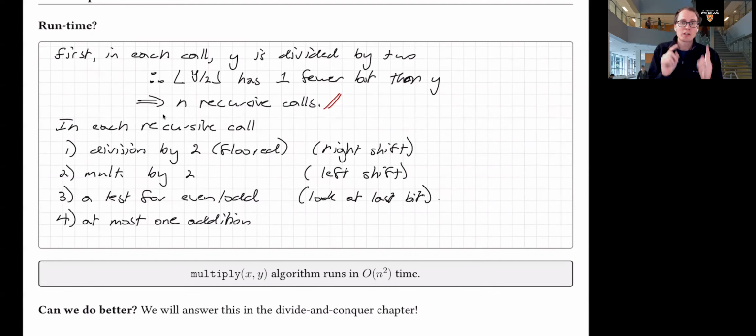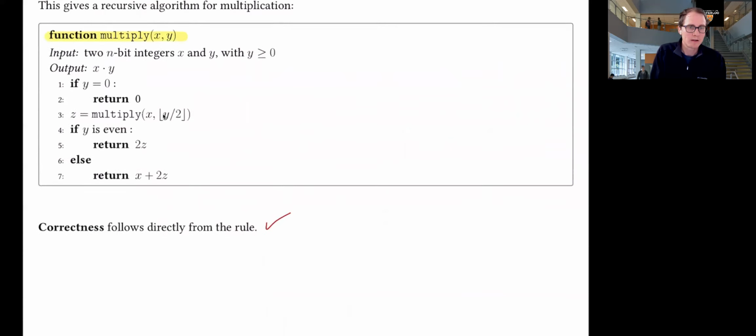Now we know addition, if we have 2 n-bit numbers, is big O of n. And the only question is, how big can the numbers that we're adding be? Each time we're adding x and 2z. This 2z is going to be smaller than x times y, because in the end result, we're just going to output x times y. So the question is, if x and y are both n-bit numbers, how big can x times y be?